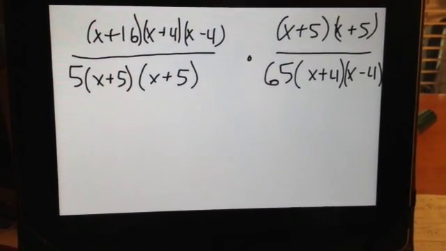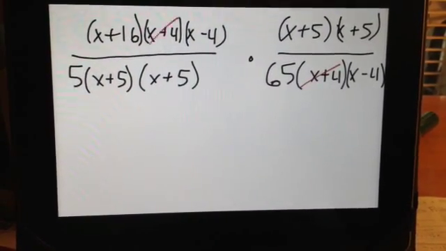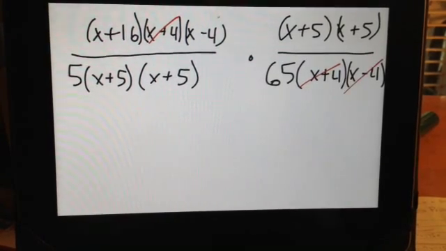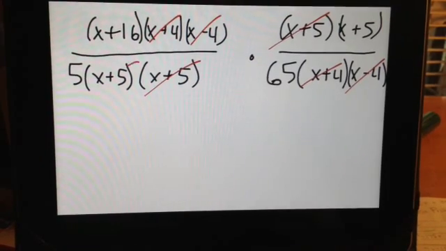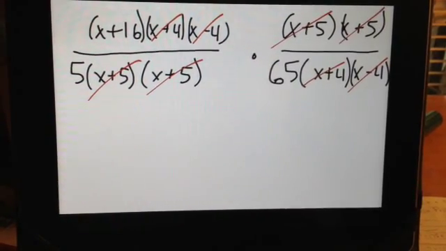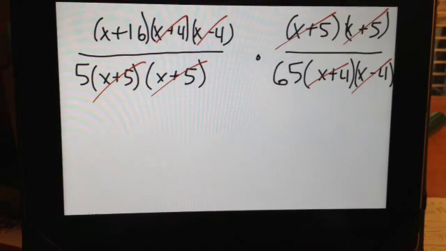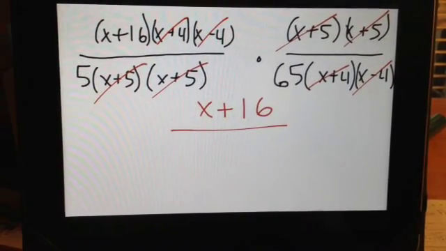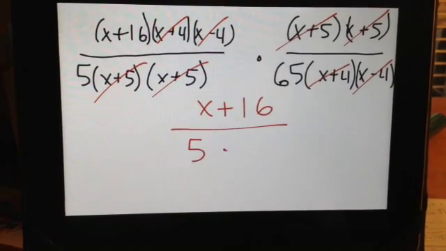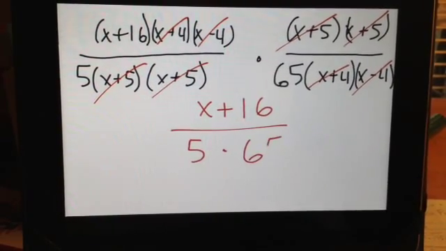So let's look for, there's an x plus 4, an x plus 4, x minus 4, and x minus 4, x plus 5, and x plus 5, 2x plus 5, and then all that we have left is x plus 16 over 5 times 65.